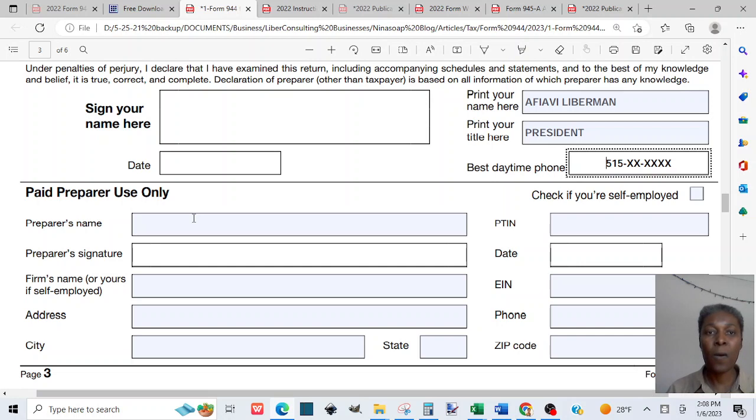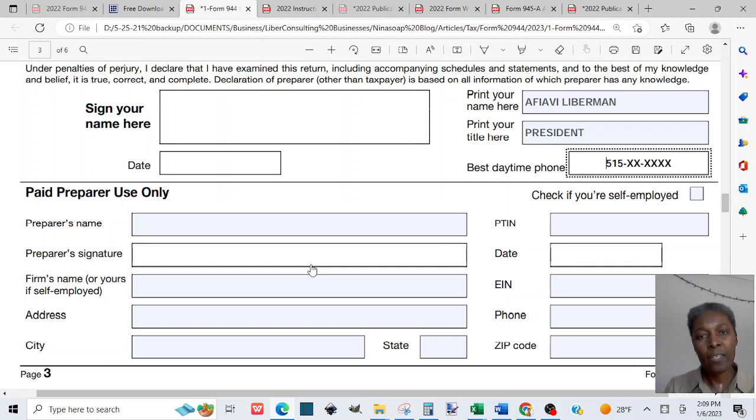If I'm filing Form 944 for Liberman Consulting LLC, I will leave the Paid Preparer Use Only section alone. Even though I'm a tax preparer and I have a PTIN number, I'm not filling out Form 944 for Liberman Consulting and charging Liberman Consulting to pay me for it. Therefore, I will not complete the Paid Preparer Use Only section.